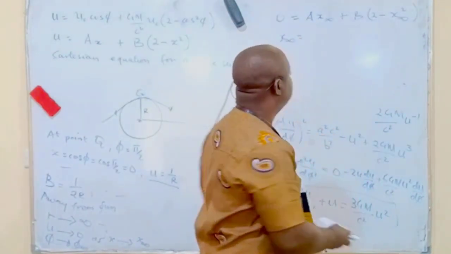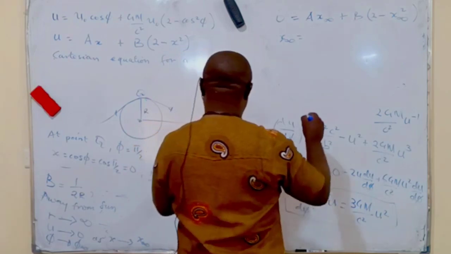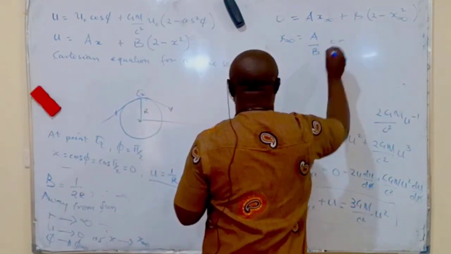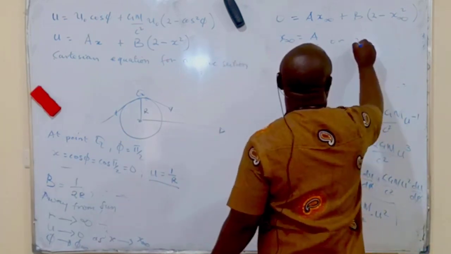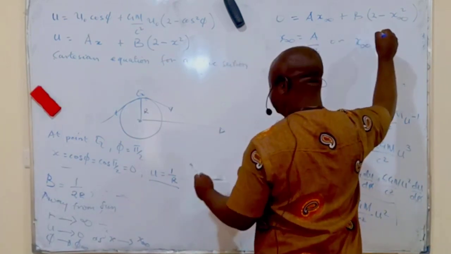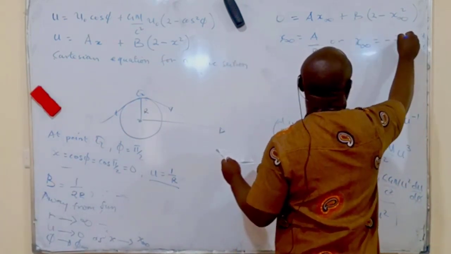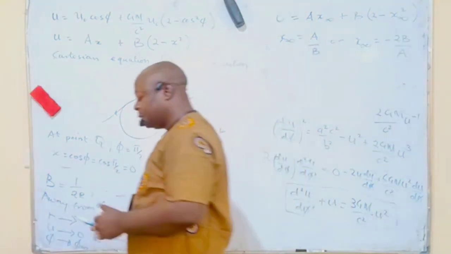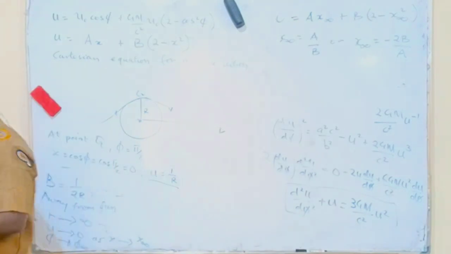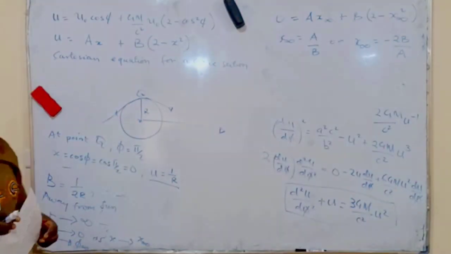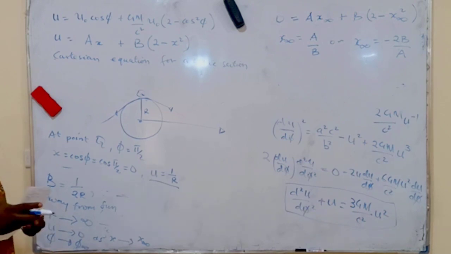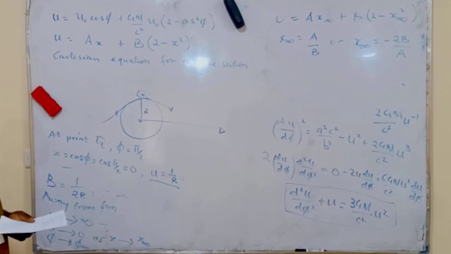If we solve it, we get either a over b or x of infinity equal to minus 2b over a. We can get either of those.